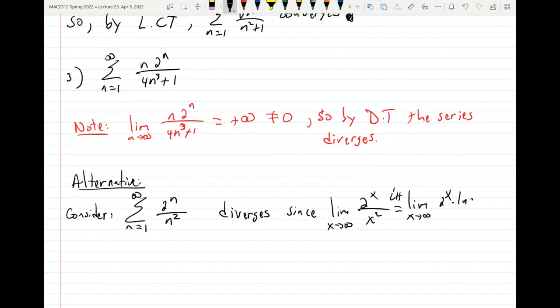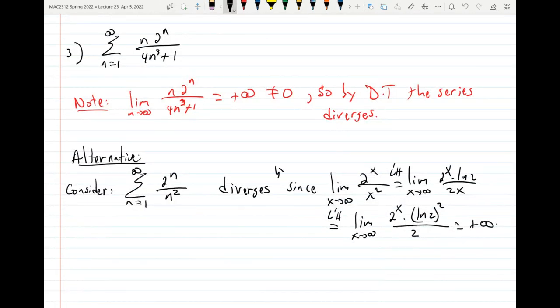This is 2 to the x times ln of 2 over 2x. Then you do it again. Again, if we went this route, it's because we wanted to justify completely. Okay. So when you take derivative of the top, you keep getting your exponential. It's just that this guy starts getting some power. But at this point, you have a 2 in the bottom. So then this is just positive infinity. Okay.